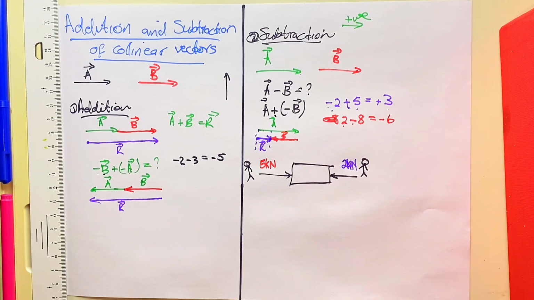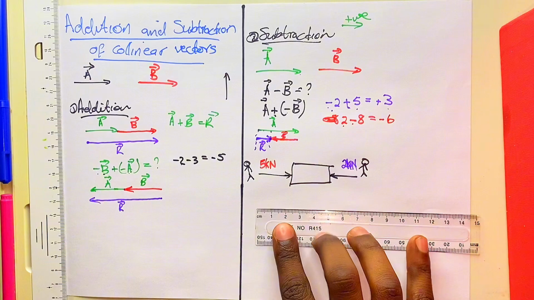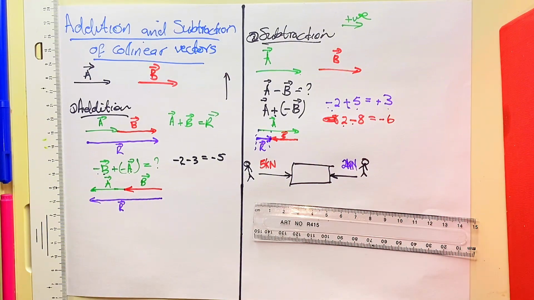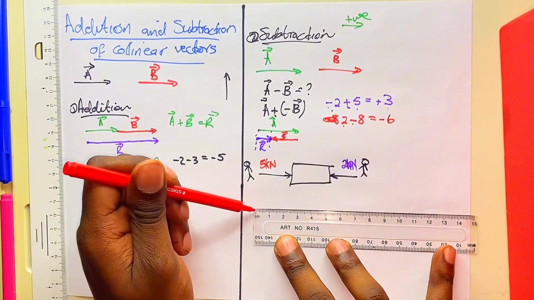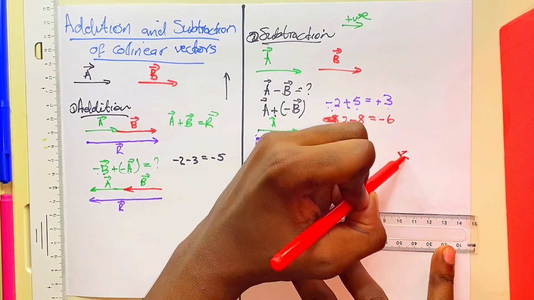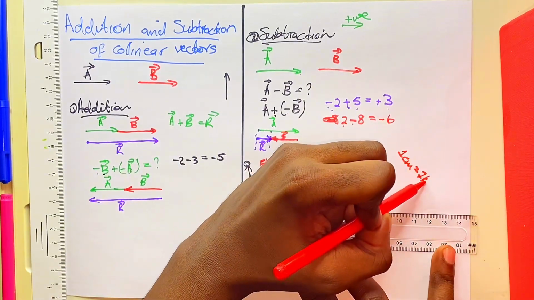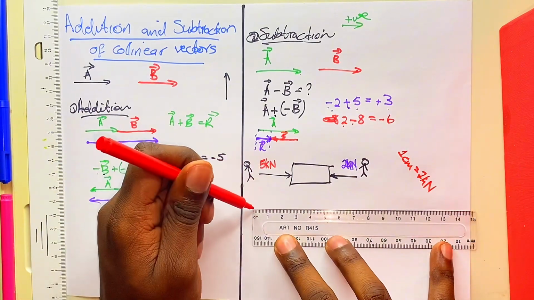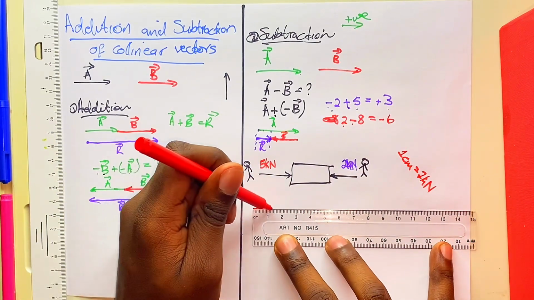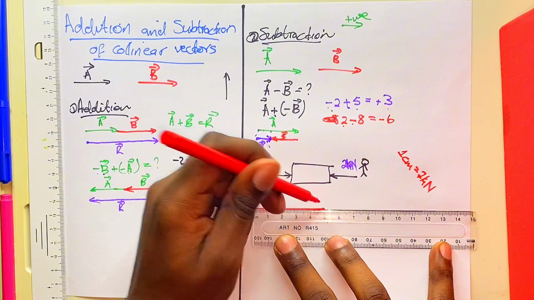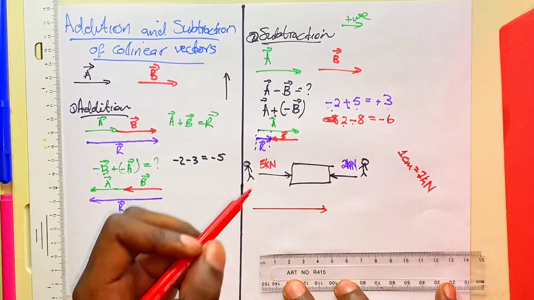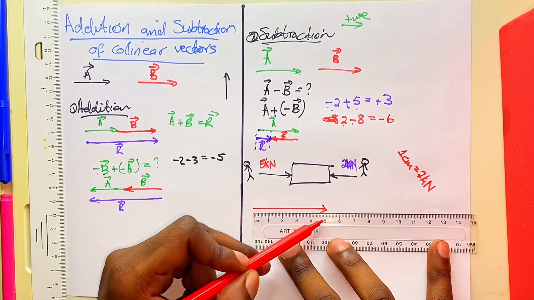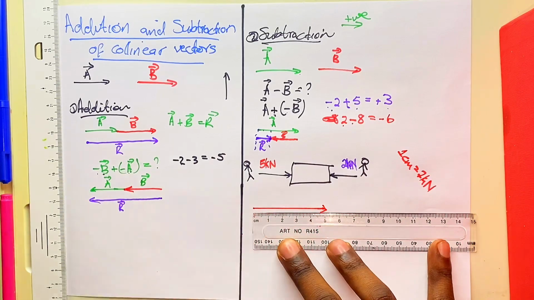Now what we are going to do is take an actual measuring tool and say, okay, 1 centimeter represents 1 kilonewton. So if he's 5 kilonewtons, that means it's 5 centimeters. So I'm going to measure it and say, okay, that's 5, because you can see my ruler here. Let me zoom in.